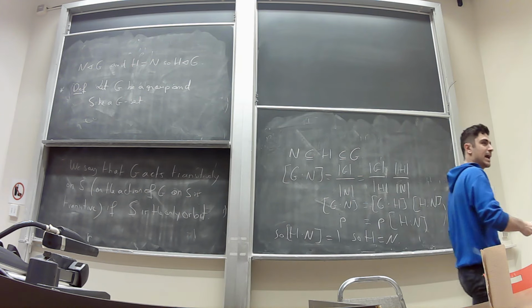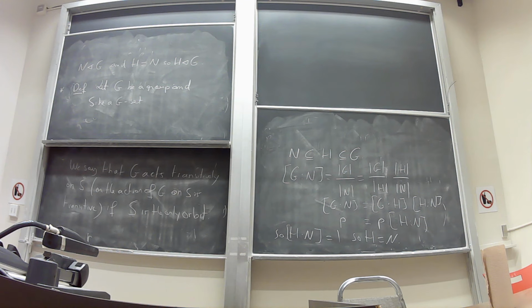So basically, G acts transitively on S if there is only one orbit, which is S. Basically, you can get from one element to another element by letting G act. Okay? Now, proposition.